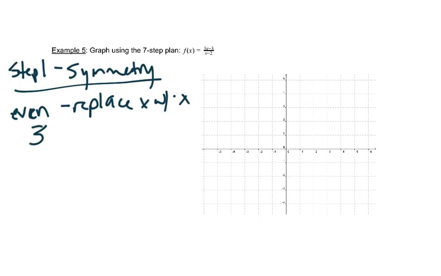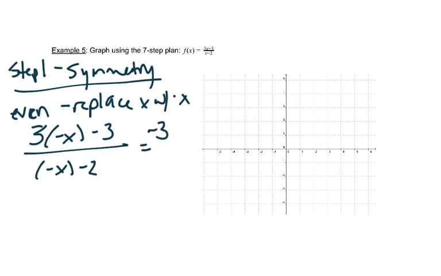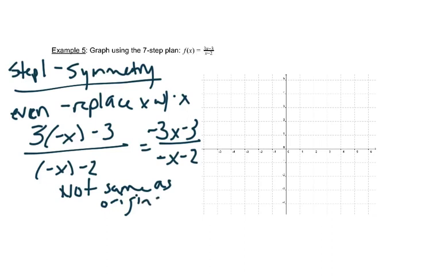So I'd have 3 times negative x minus 3 over negative x minus 2. And this would give me negative 3x minus 3 over negative x minus 2. This is not the same as the original, and by the original I mean this one up here. So it's not even.